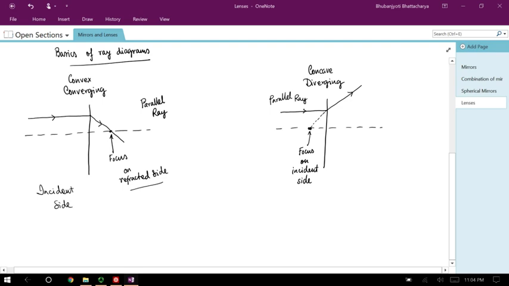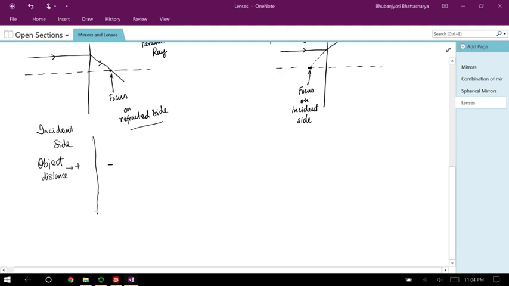And when we talk about objects and images, object distance will be positive on the incident side, negative on the other side, right? So this is the lens, and image distance will behave exactly the opposite, so image distance will be negative here, positive here.